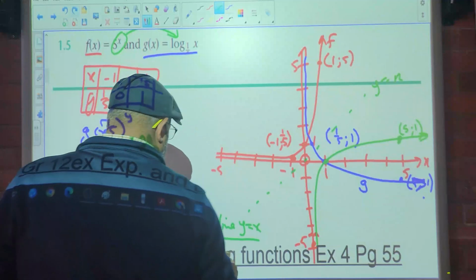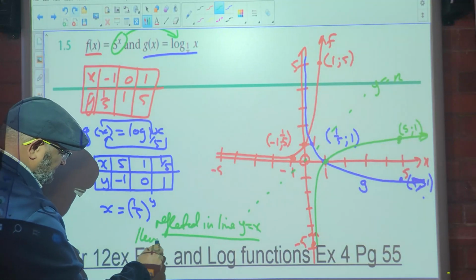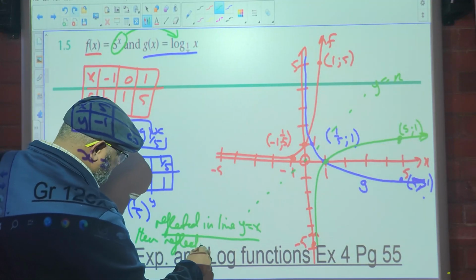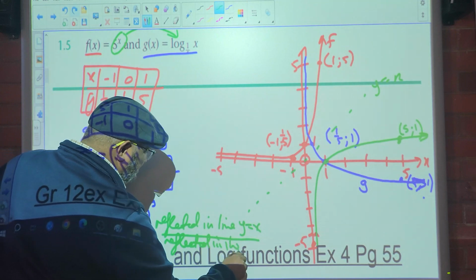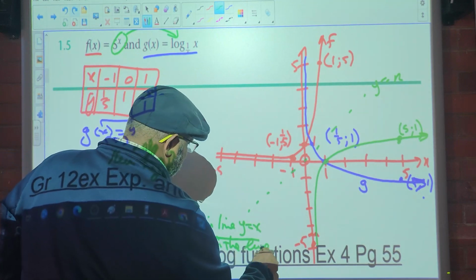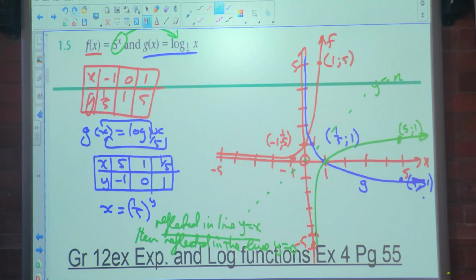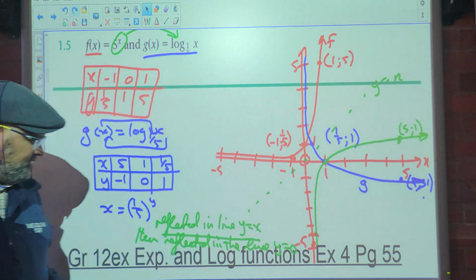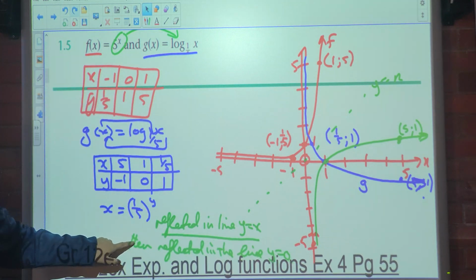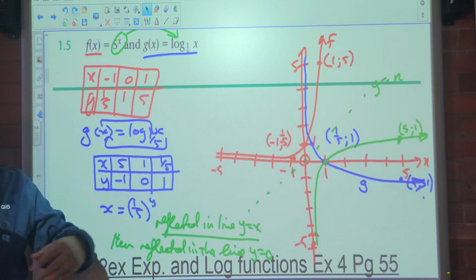So it's reflected in the x-axis, then reflected in the line y is equal to 0, or you can say reflected in the x-axis. Either one of the two will get you the mark. Okay, so I showed you two ways now in order to answer that question.